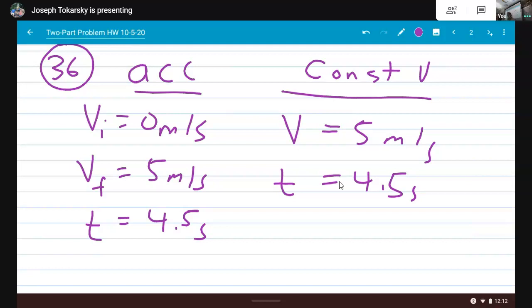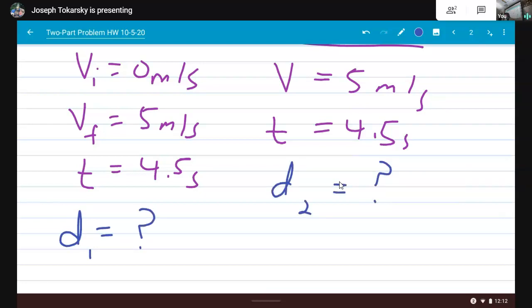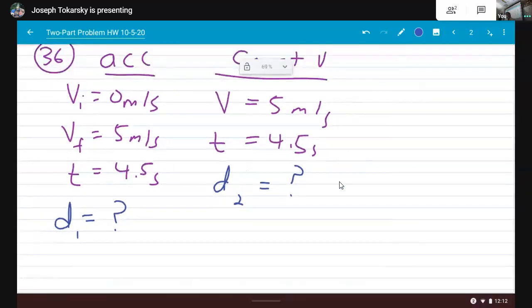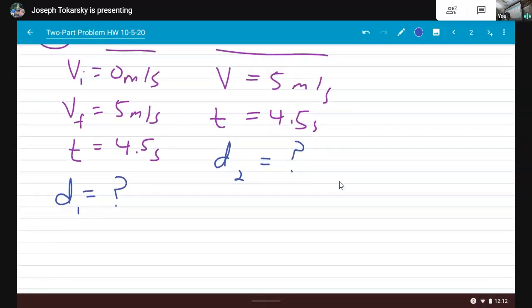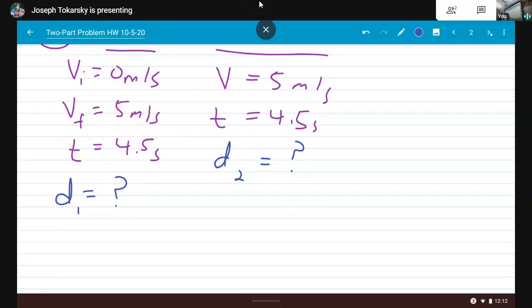All right, so now that we get all this, we should be able to find, we'll call this D for part 1, D for part 2. We need to find the total distance during all this, find each of those and add them together. So I would use the only equation that doesn't have A in it, which is equation 4 for the accelerated motion part.